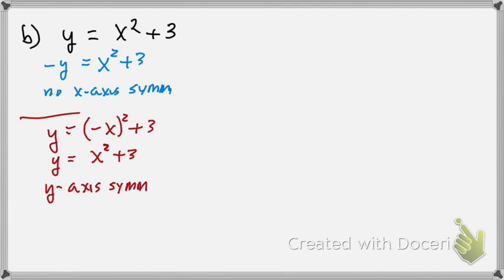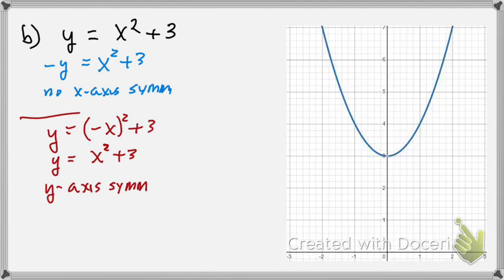Now we can look at that and go, okay, that's a parabola. That makes sense. It's symmetric about the y-axis. Here's a picture of it. Can you look at that picture and compare it to the equation and figure out what that 3 is doing?